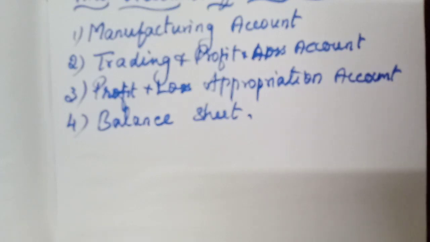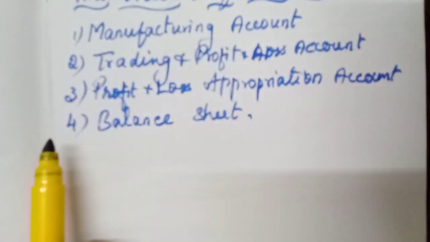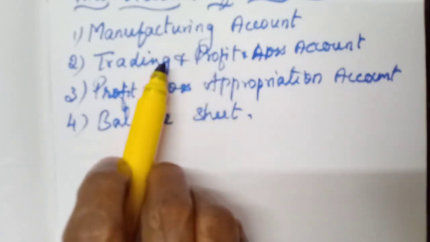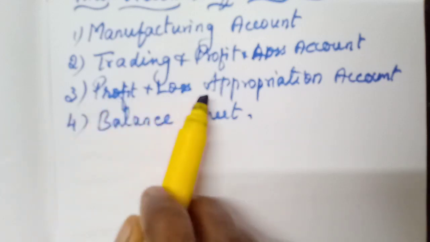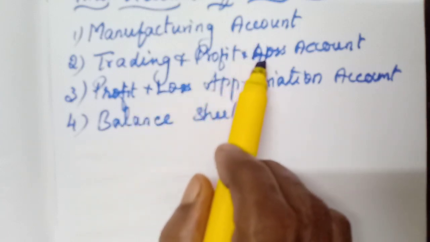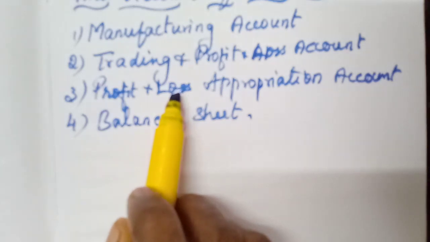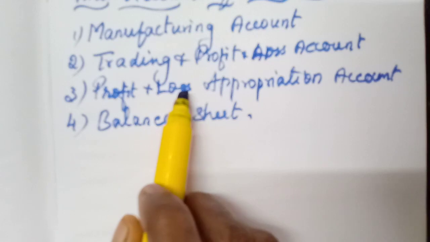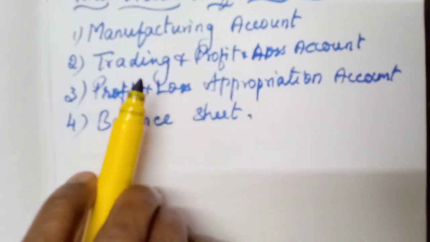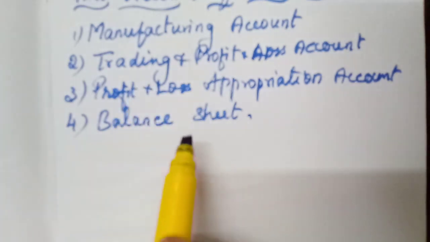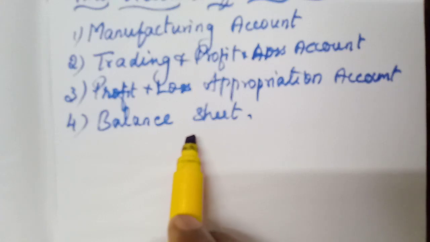Here first one, manufacturing account if it is a manufacturing concern. Then trading and profit and loss account as usual in the sole trader concern. Then the profit and loss appropriation account, what should we do? We have to take this net profit from the profit and loss account and make some adjustments: interest on capital, interest on drawings, then any other remuneration, salary.